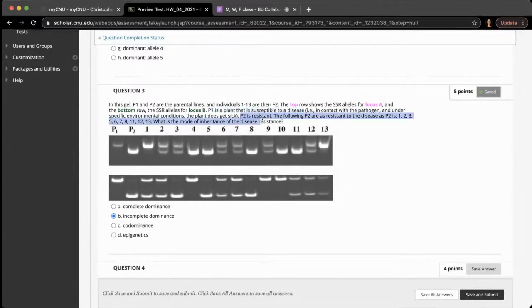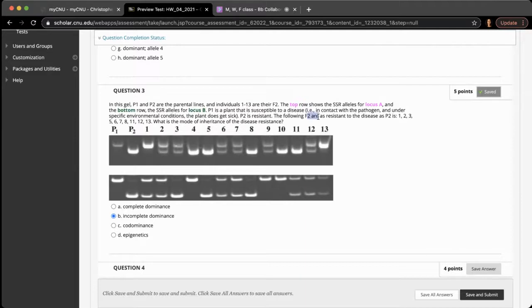And then let's see, P2 is resistant. So it's either this allele or the combination of both that makes it resistant. And then this one, the same thing. It's either this allele or the combination of both that makes it susceptible. Now, how do I know the mode of inheritance? What I'm looking for is, are the plants completely like one parent or completely like the other parent, or are they somewhere in between?